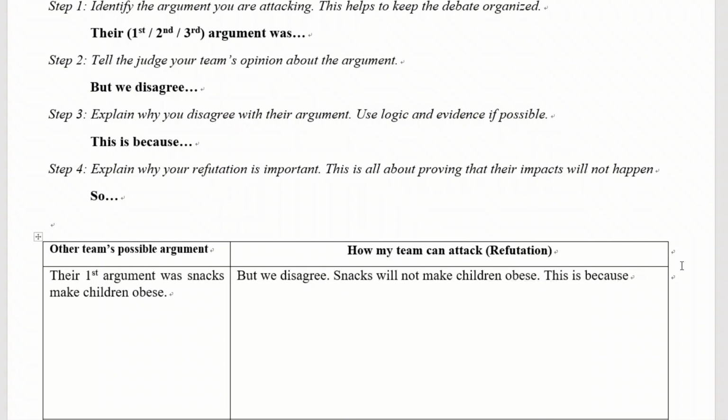Are children only eating snacks all day? Are children just sitting in their desks all day? No, right? Children have gym class. They also eat healthy school lunches. And you can explain this, right? So this is because students are very active because of gym class.